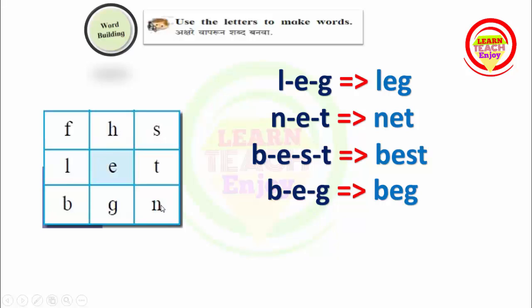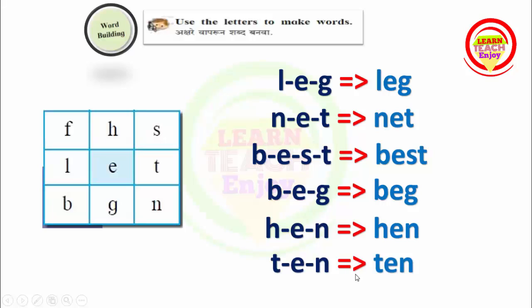H-E-N. Hen means कोंबडी. We know this. So we can write here H-E-N. Then we can write here T-E-N. Ten is number. So we can write here 10. So like this you can try to make many meaningful words. These are only examples.